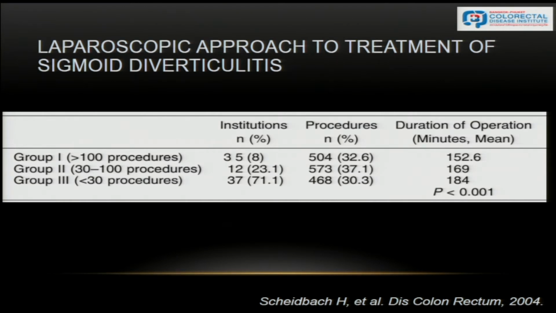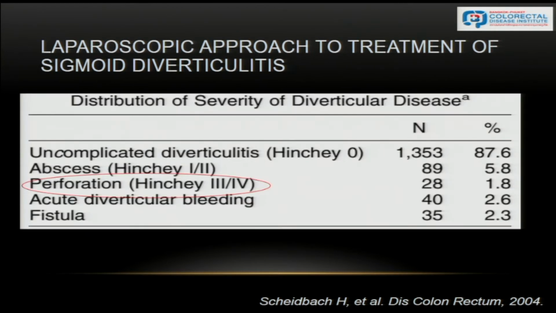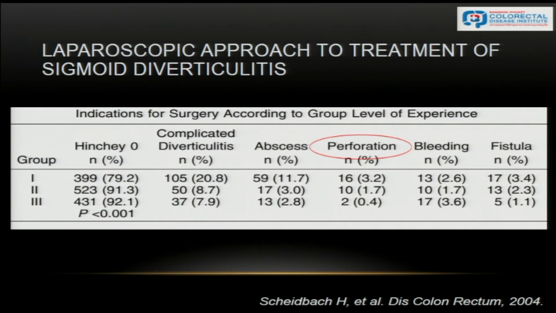As you can see, the duration of the overall laparoscopic approach is significantly less in high volume surgeon cases. The incidence of Hinchey 3 and 4 that we're talking about today is only 1.8%, which is 28 cases in this study.